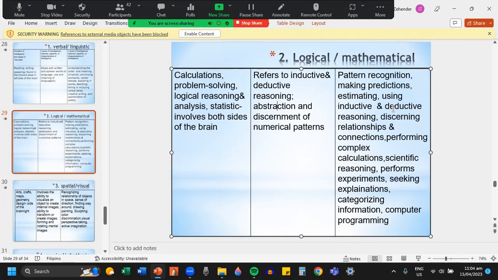Those who fall under this type of intelligence are into pattern recognition. They also like making predictions, estimating using inductive and deductive reasoning, discerning relationships and connections, and performing complex calculations. They also like scientific reasoning, performing experiments and seeking explanations, categorizing information, and computer programming. Okay, next one.